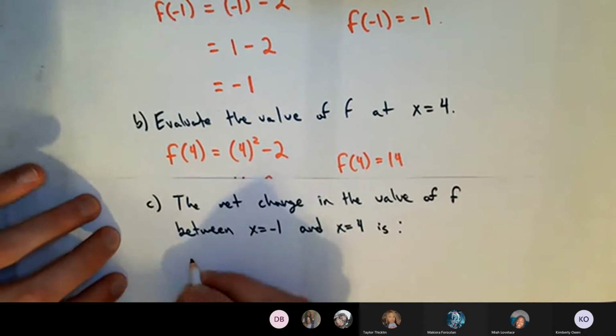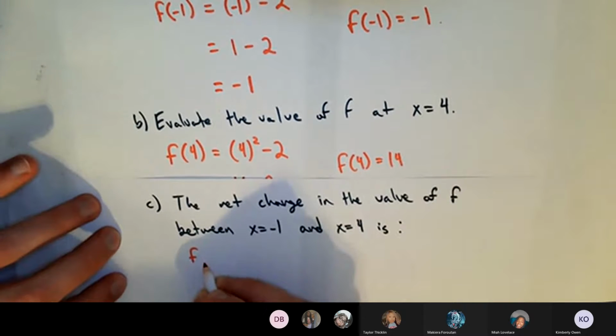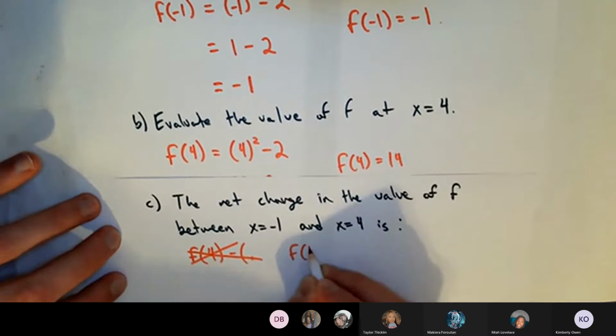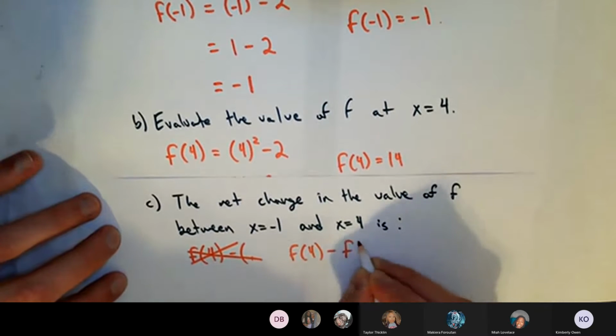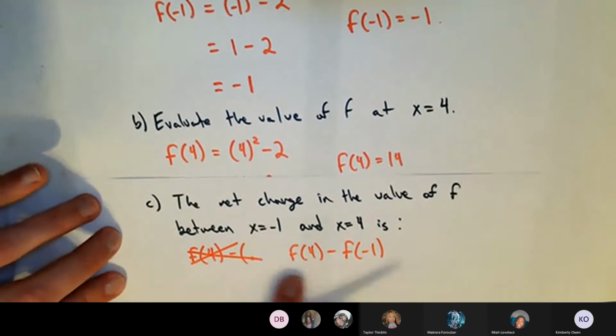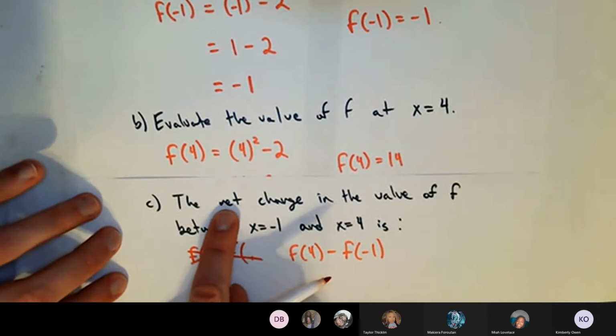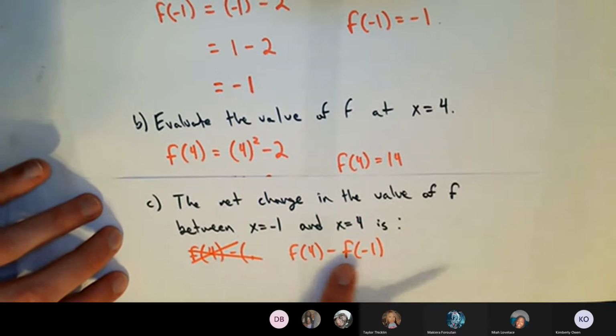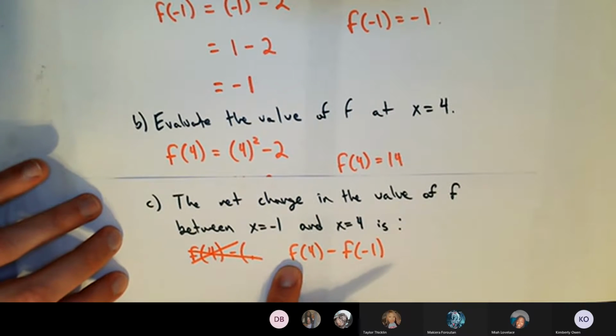So I'm going to say the net change would be f of 4 minus f of -1. That's the net change. This is exactly what this says in words: net change in the value of f between -1 and 4.